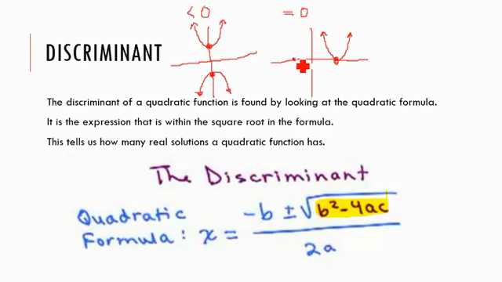I could also have a parabola that opens down with the vertex on the x-axis. And last but not least, if it is greater than 0, then you get the more usual scenario of the parabola crossing the x-axis at 2 points, where there are two real solutions, either opening up or opening down.